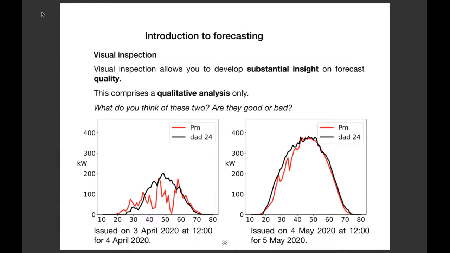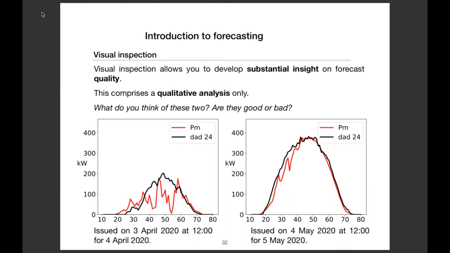Okay, so this is one way to evaluate the forecast. You take your validation set and you have a look at the forecast for all the days of the validation set. Imagine you have 100 days in your validation set, so it's a lot, but imagine you do it.